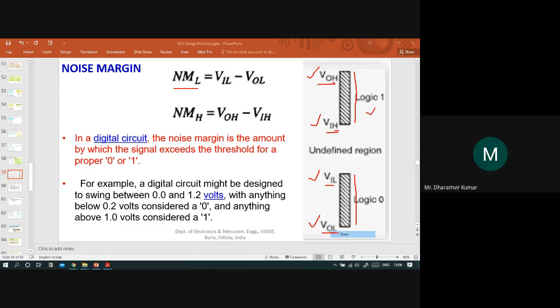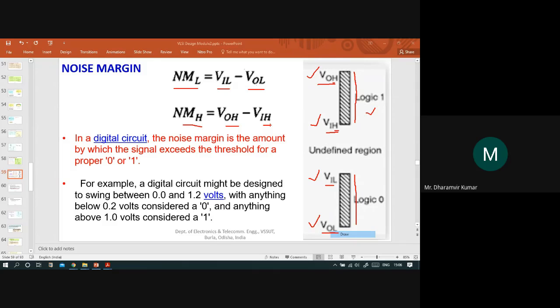The noise margin for low is equal to the difference between VIL and VOL, that is, this particular VIL minus this particular value VOL is the noise margin for low logic. Similarly, the noise margin for high logic is equal to the difference between VOH and VIH, that is VOH minus VIH.